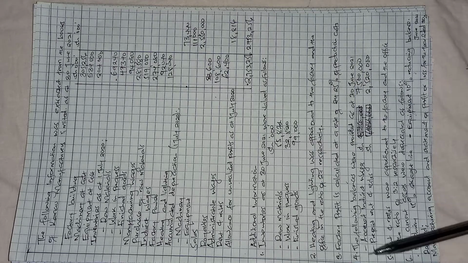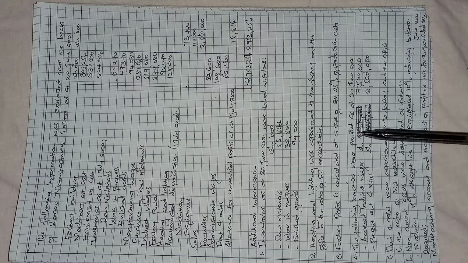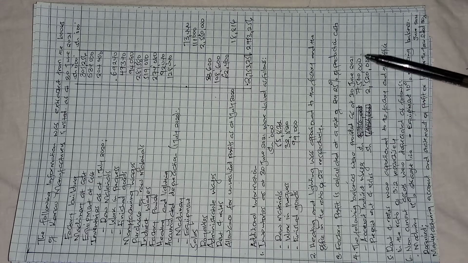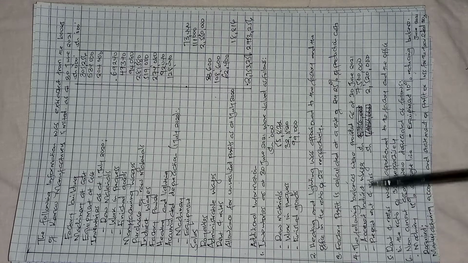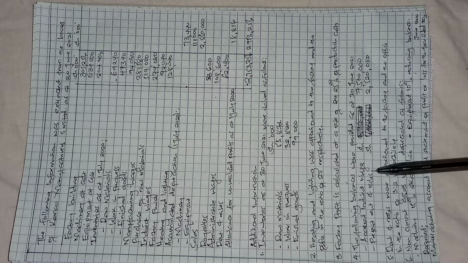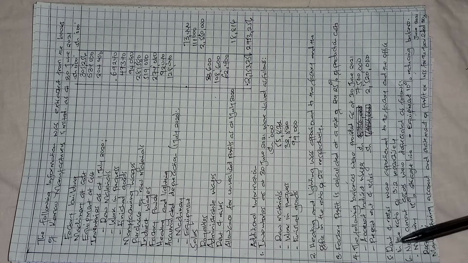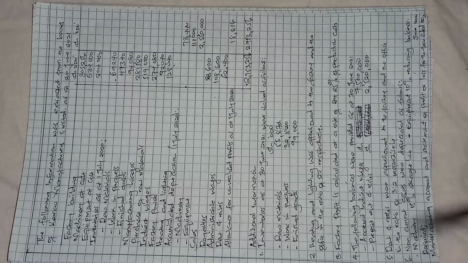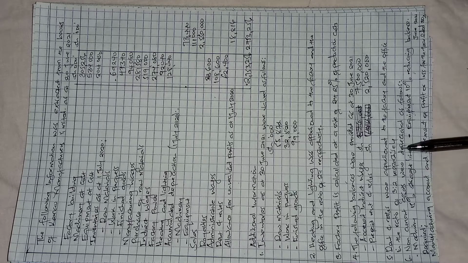Number 4: the following balances were provided as at 30th June 2021. We have accrued indirect wages and prepaid rent and rates. Then additional information 5: rent and rates were apportioned to the factory and the office in the ratio of 3:2 respectively.